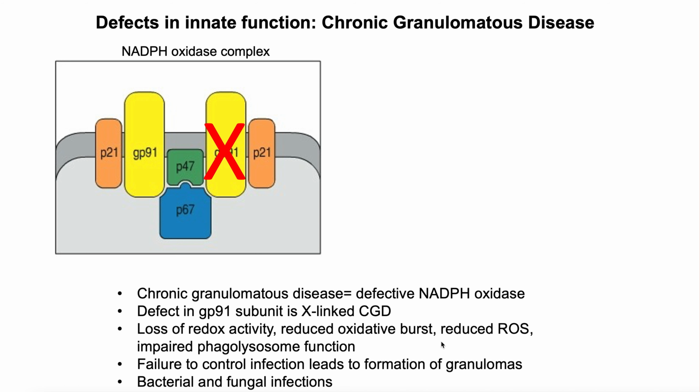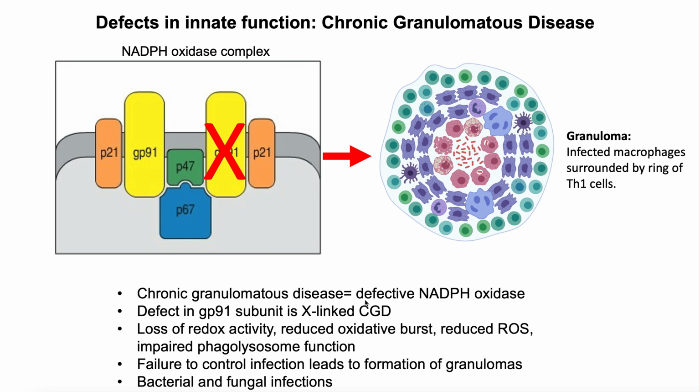You have reduced oxidative burst, reduced reactive oxygen species, and of course impaired phagolysosomal function. And this impaired function results in a failure to control infection and leads to the formation of granulomas. And the granulomas often look something like this, where they have macrophages in the middle and rings of Th1 cells on the outside, and this active infection simmering within the middle here.